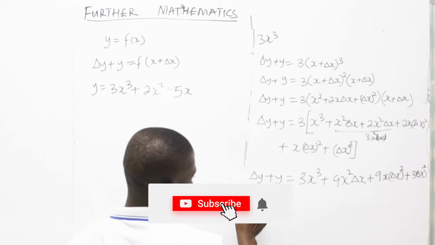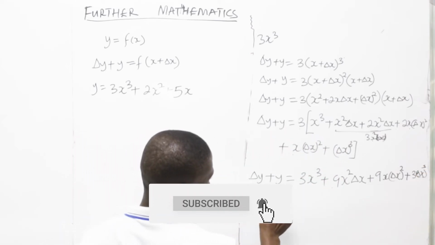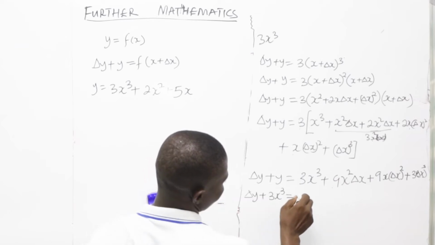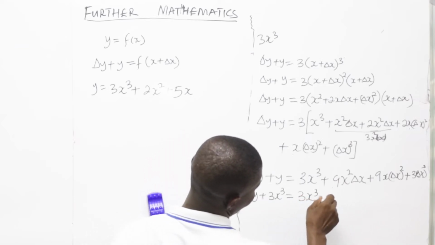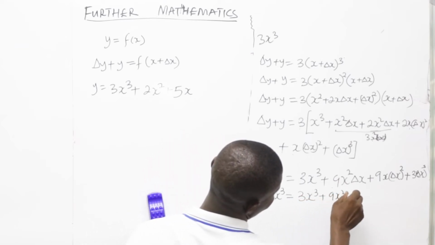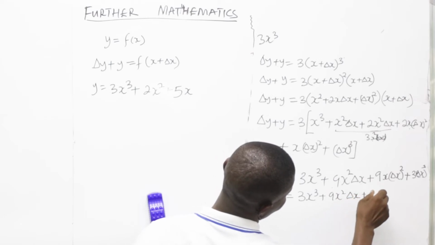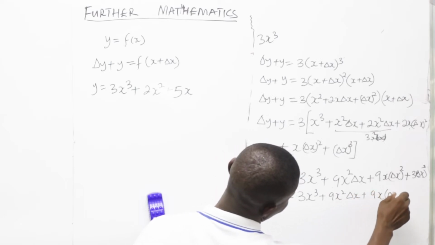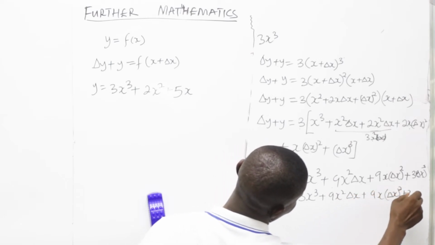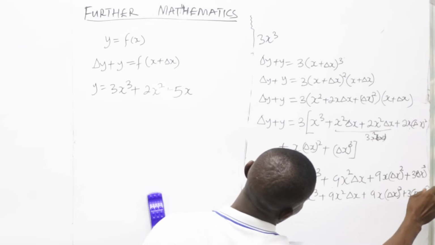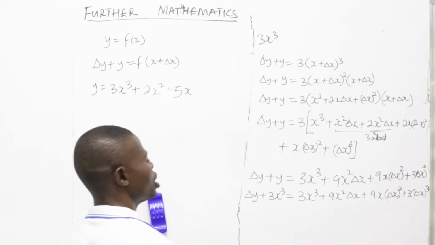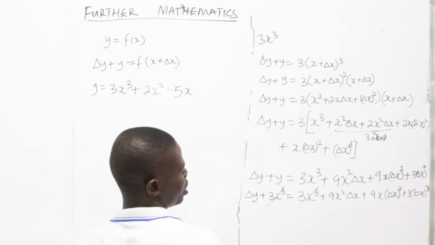Recall that y is who? 3x cubed. So this equals 9x squared change in x plus 9x change in x all squared plus 3 change in x all cubed. If you like, you can just cancel out directly like this.